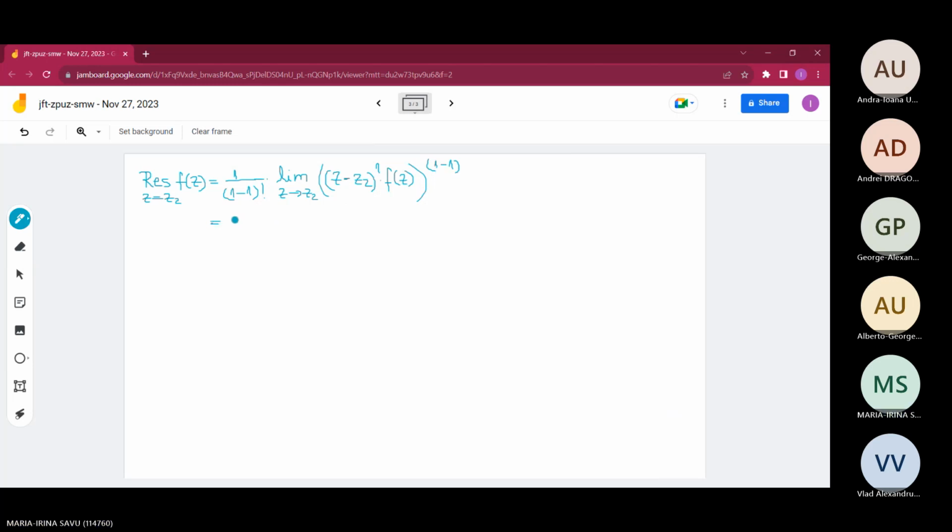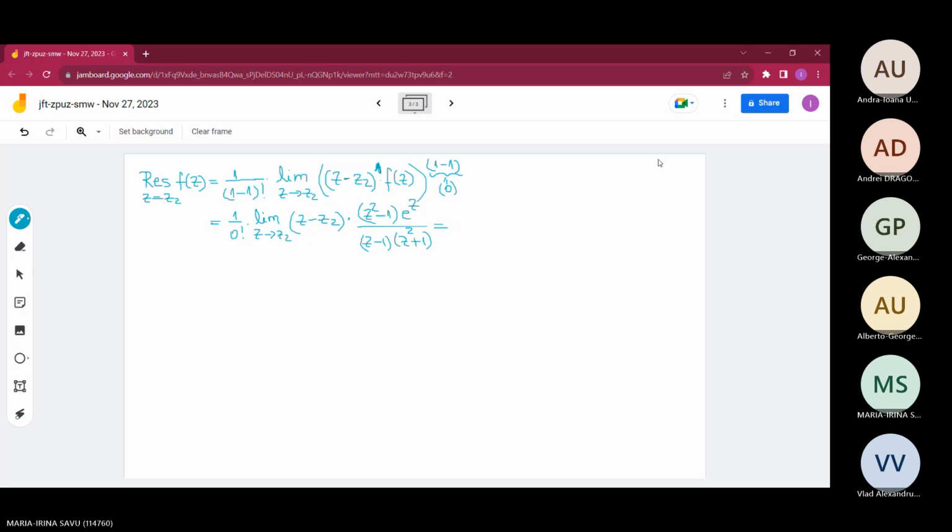So we have 1 over 0 factorial times the limit when z goes to z2 of z minus z2, this is to the power 1, times f of z, which is z squared minus 1 times e to the z over z minus 1 times z squared plus 1. And I've told you that this order is 0, so you don't have to compute the derivative of this function.